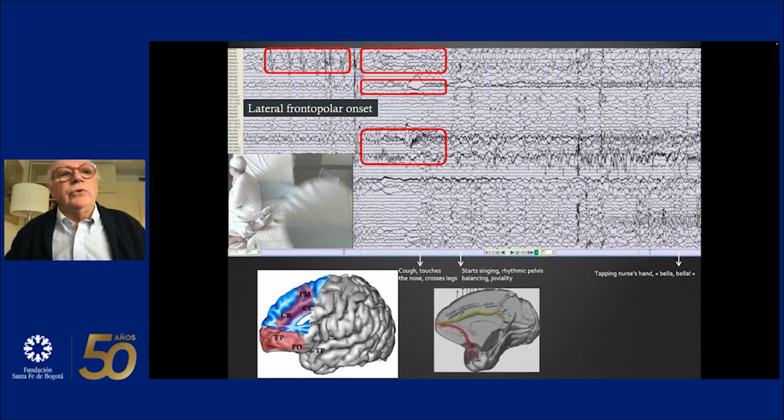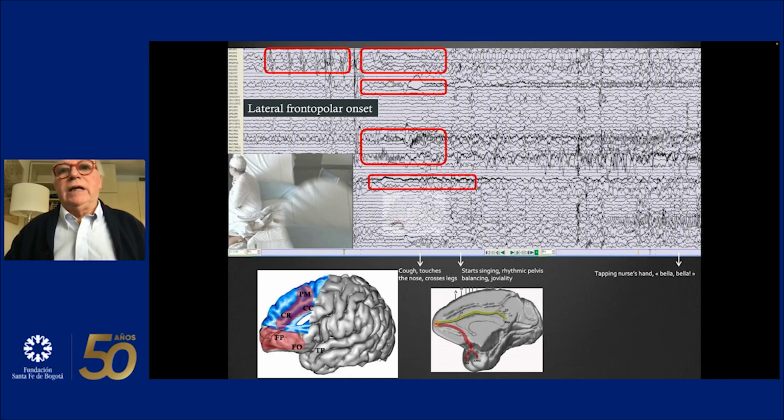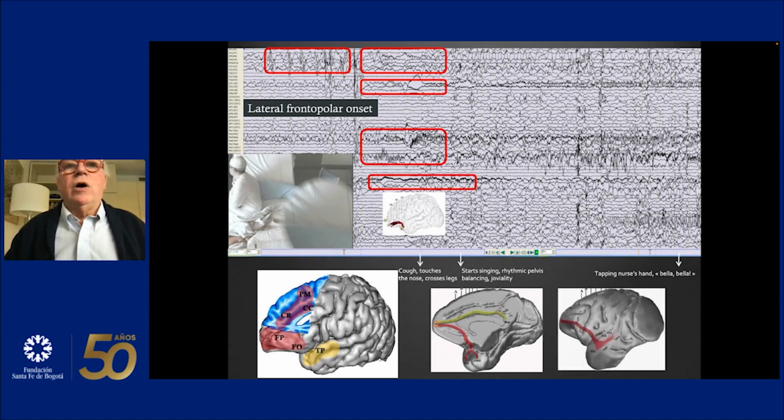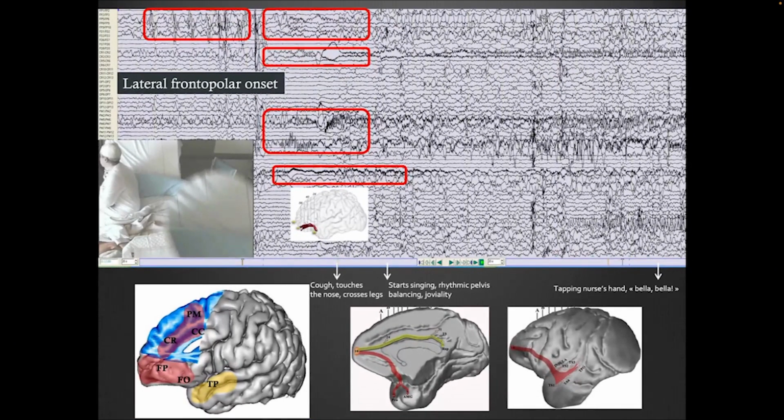And I remind you that it started from the area 10, the frontal polar onset, with a propagation to the medial cortex. I show you now, with analogy with the monkey connectivity, the trajectory of this seizure.